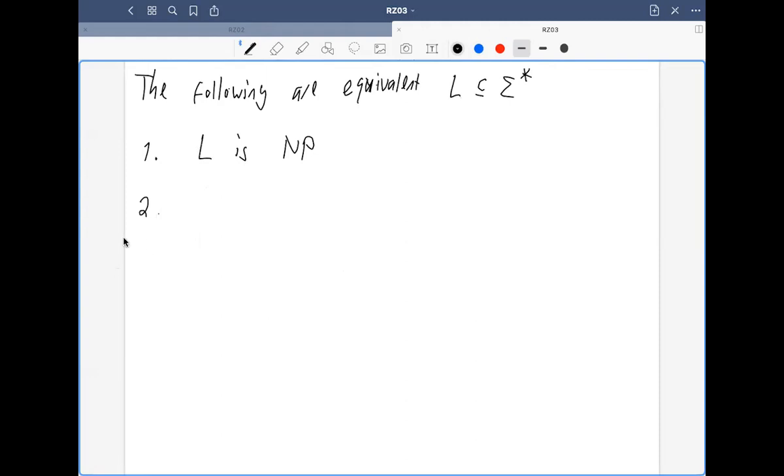And secondly, the idea is this: problems in NP can be seen as problems for which we need to find a solution that we don't have to hand. We need to find some information that we don't have to hand.